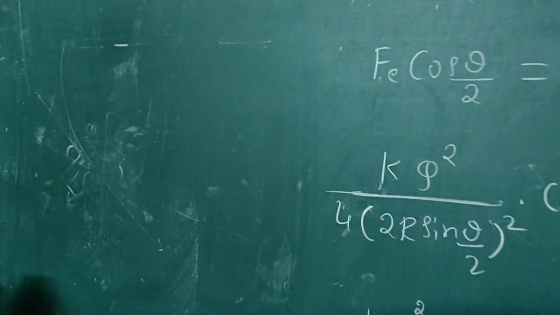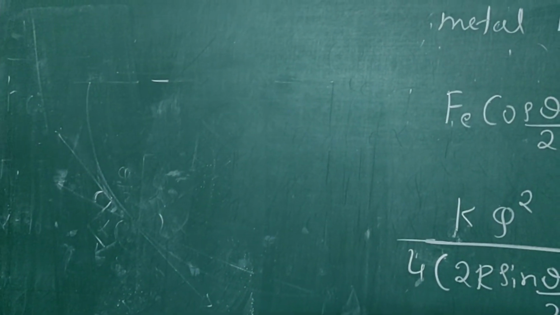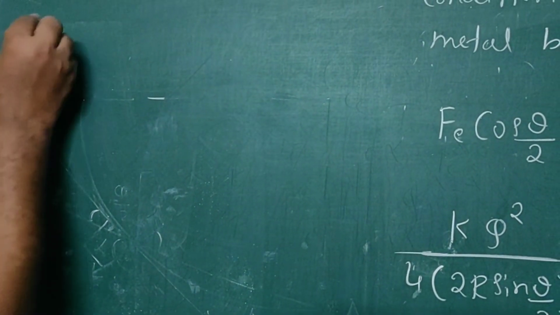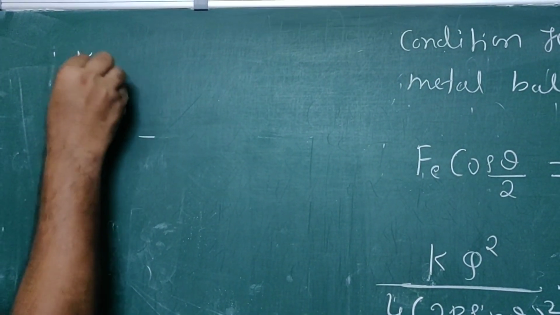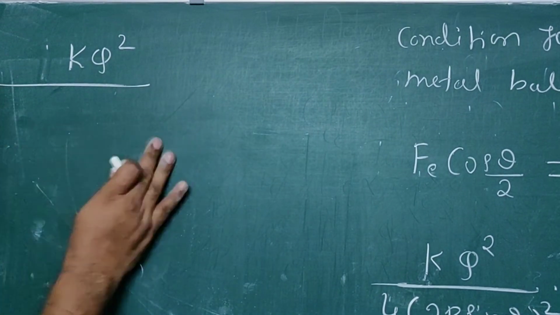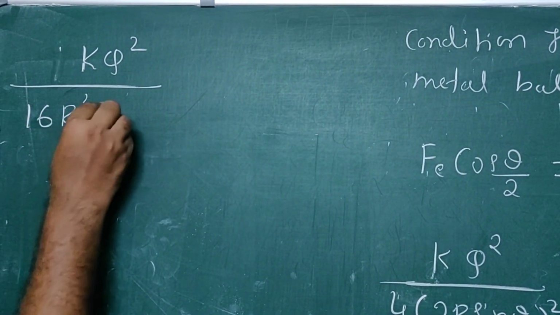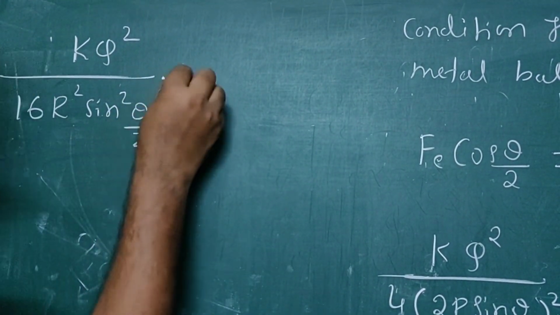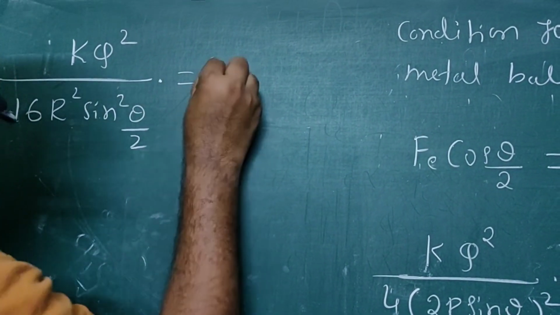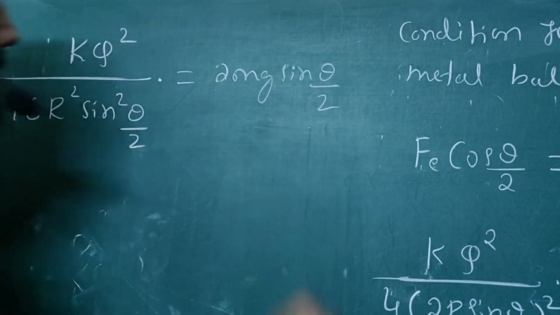So, what are we going to get? K q square by 16r square sin square theta by 2 is equal to 2 mg sin theta by 2.